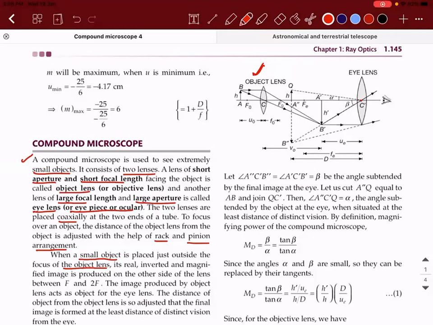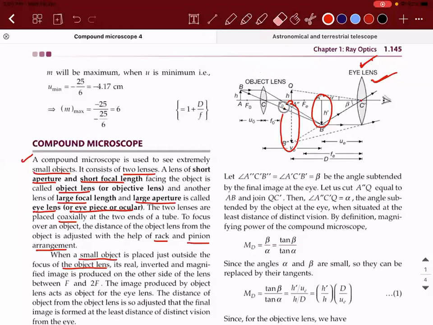Why I need it to be real is because the object is kept on the left-hand side of the object lens, and it should form an image between the object lens and the eyepiece, so that for the eyepiece, this image formed by the first lens starts behaving like the object, and this eye lens will further magnify the image and give you the final image, right?